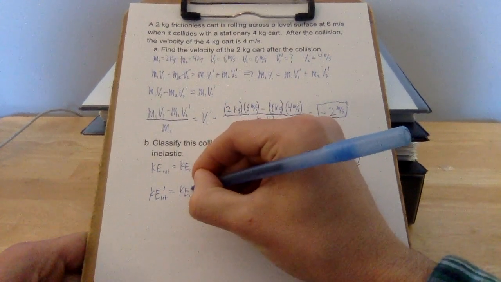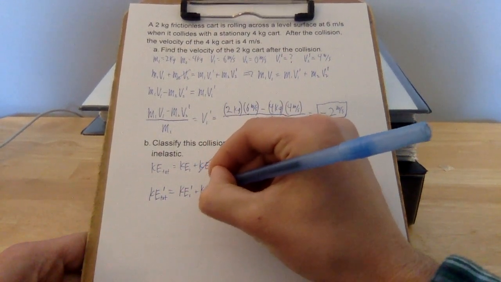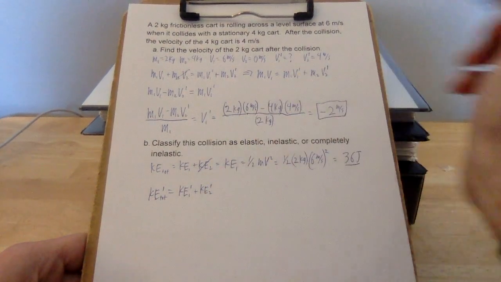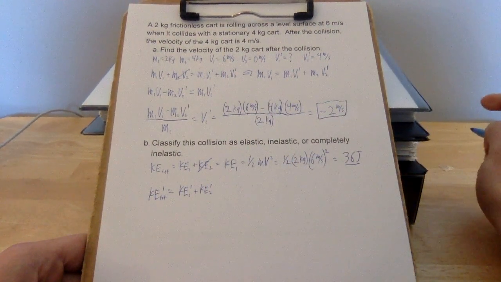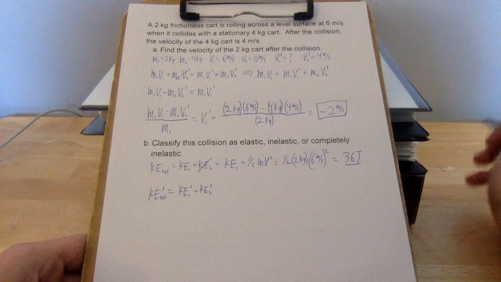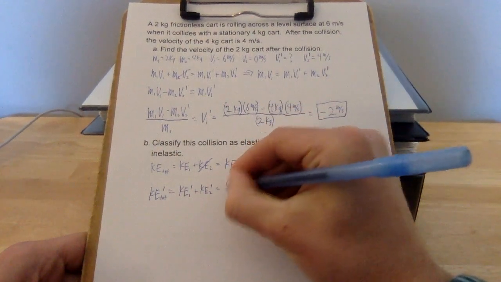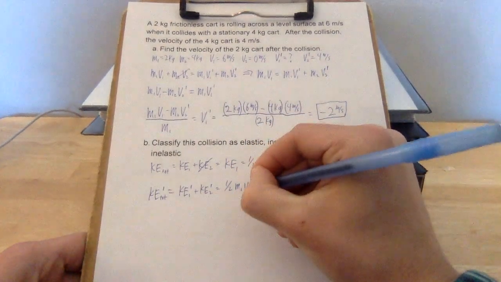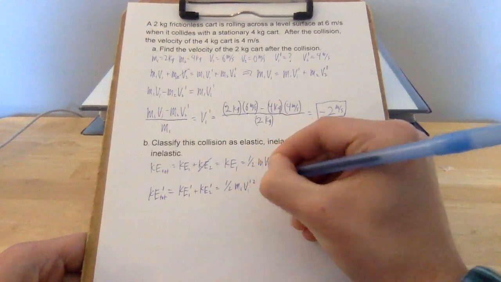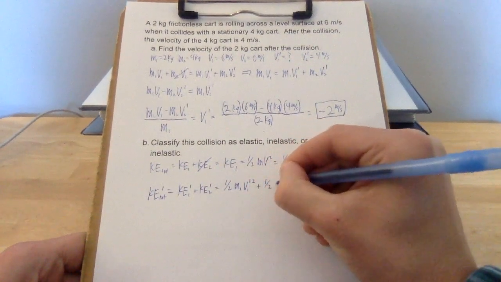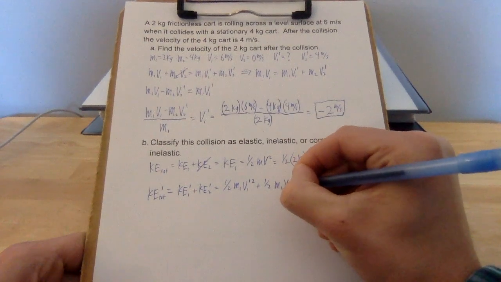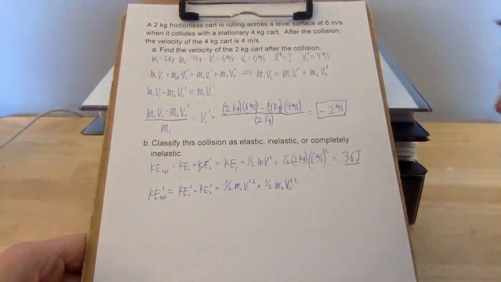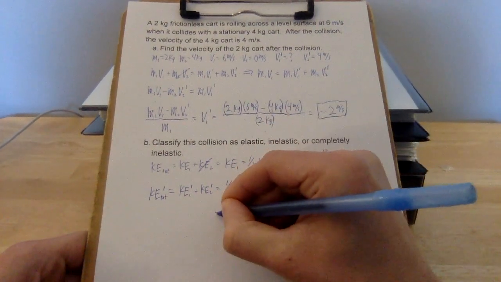So that's going to be KE1 prime plus KE2 prime. And in this scenario, both of these values are going to exist because both objects have velocity. That becomes 1/2 m1 v1 prime squared plus 1/2 m2 v2 prime squared. And we can plug in some numbers.